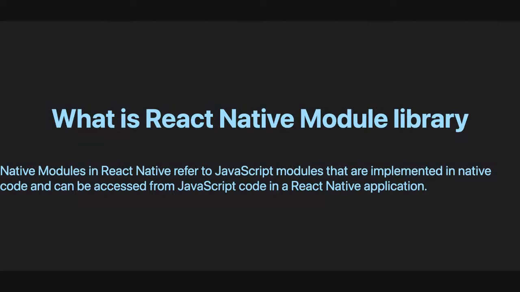Okay, no issue. So we mainly use native module libraries where React Native is not providing any functionality. For example, if we want to create some UI components which are not available in React Native, if we want to build some logic, like accessing files from the device, or accessing geolocation from our device.